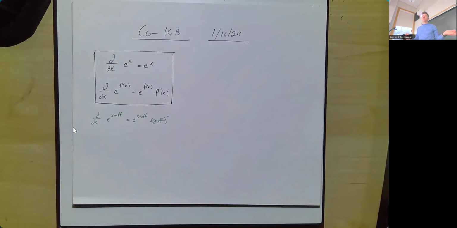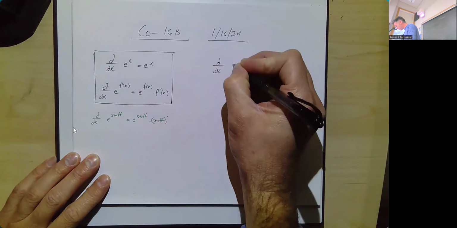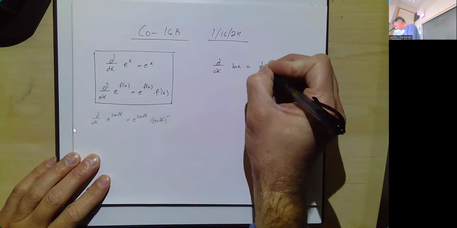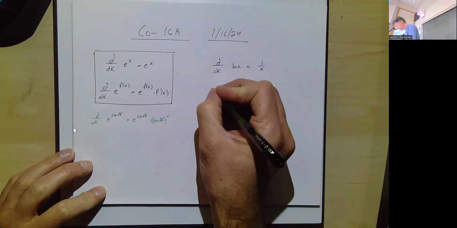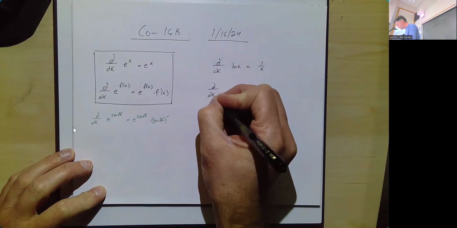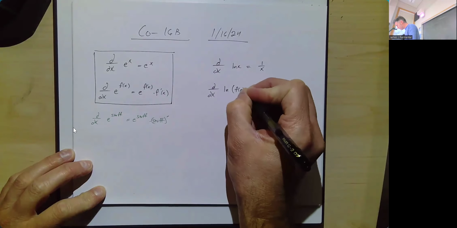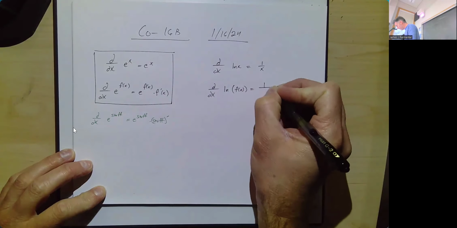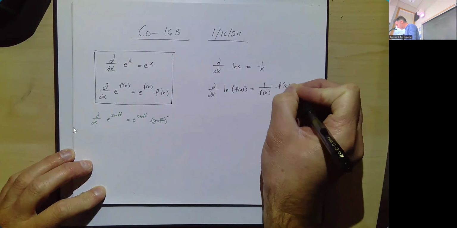Similarly, we also have learned that the derivative of the natural log of x is equal to 1 over x. And again, more generally, the chain rule version: the derivative of the natural log of a function of x is equal to 1 over that stuff times the derivative of that stuff.